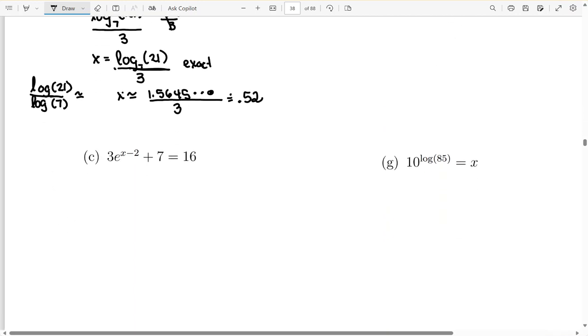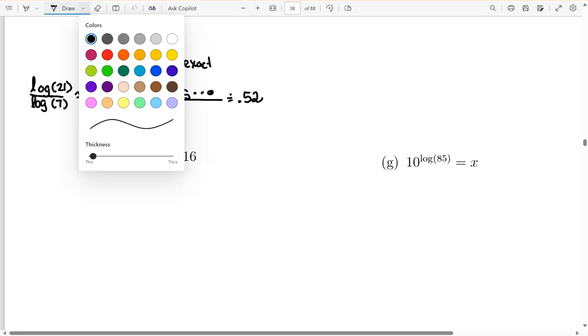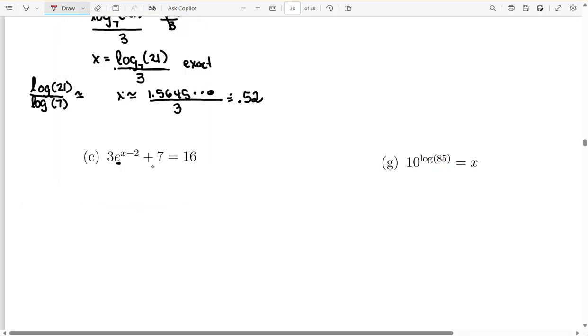All right, for letter C, our exponential is right here, e to the x minus 2. So I have a lot to move out of the way first. One of the things that I'm going to move first is, I'm going to subtract 7, do addition and subtraction property first.